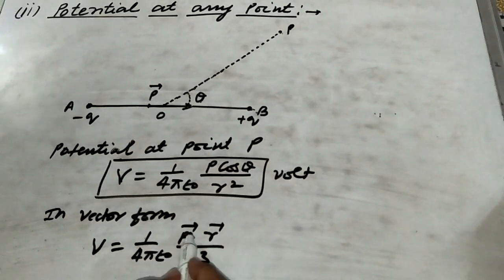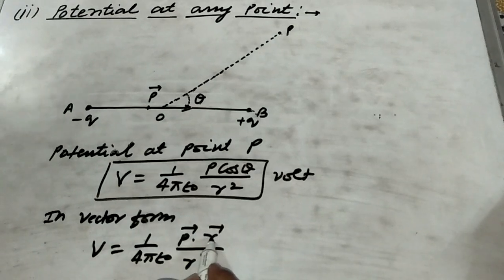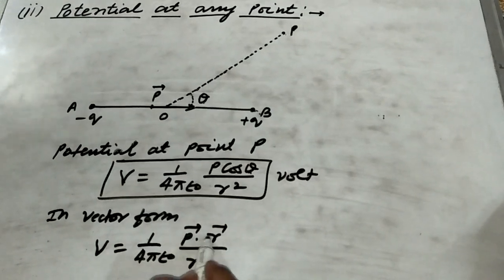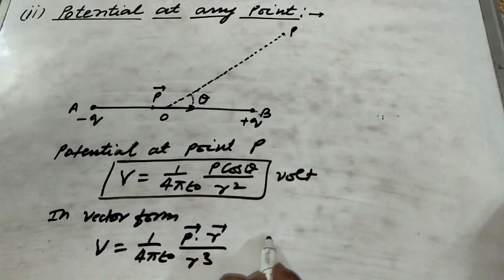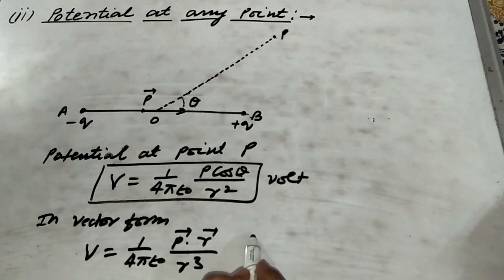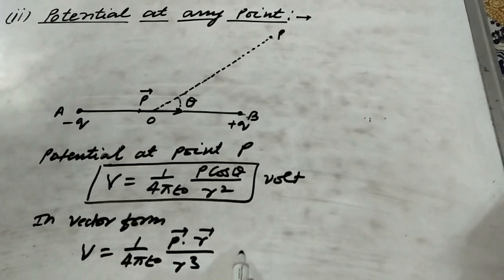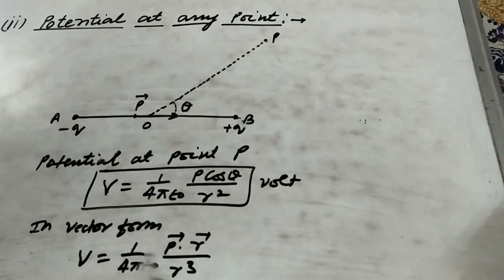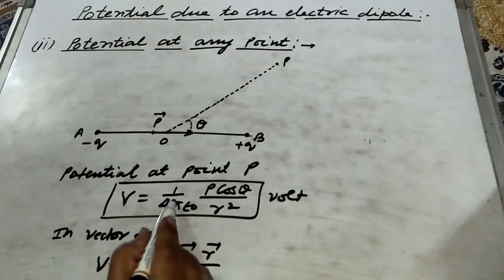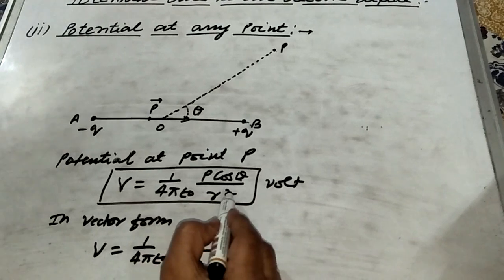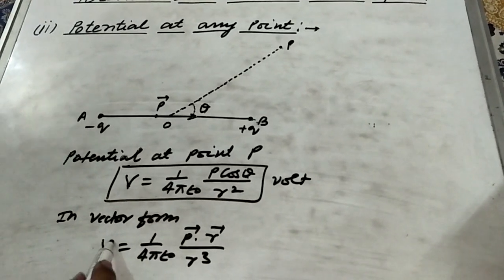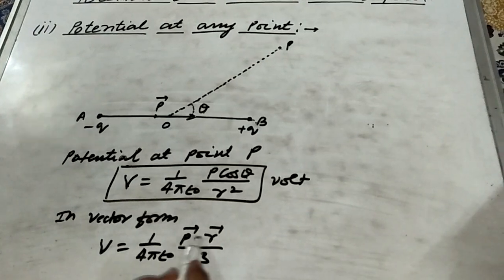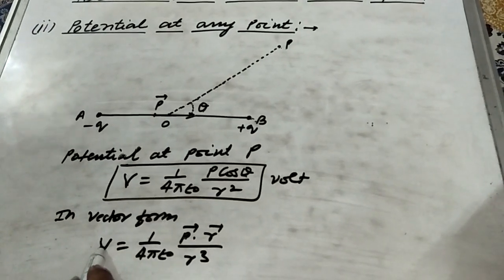You know vector p dot vector r means p r cos theta. So p r cos theta upon r cube. One r is cancelled by this r cube, so here you will get r square. Finally you will get V is equal to 1 upon 4 pi epsilon naught p cos theta upon r square. But remember, V is a scalar quantity. The dot product of two vectors is a scalar quantity.